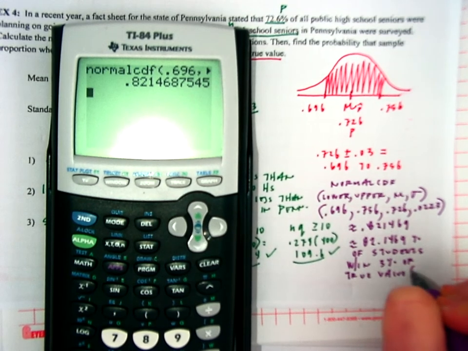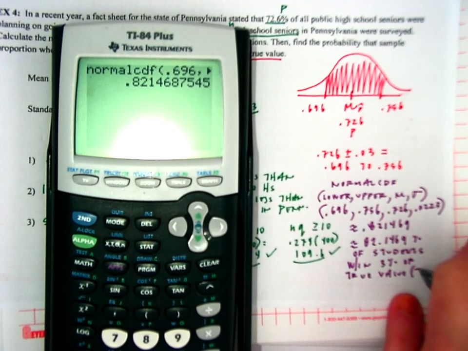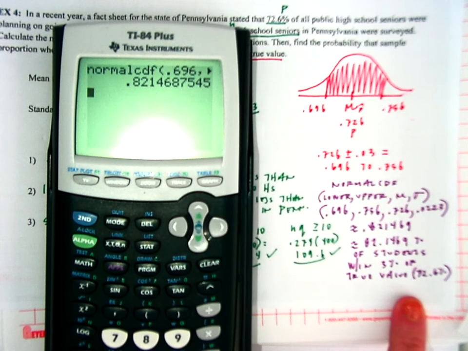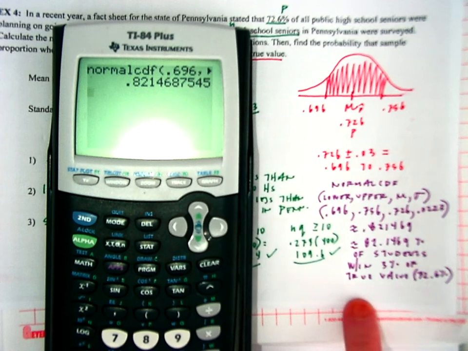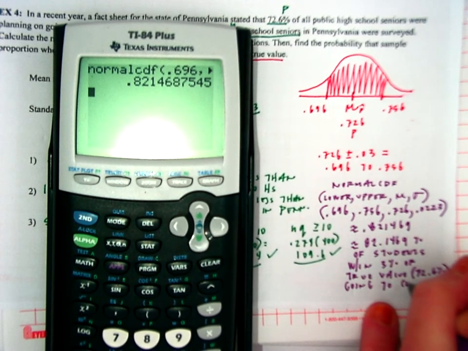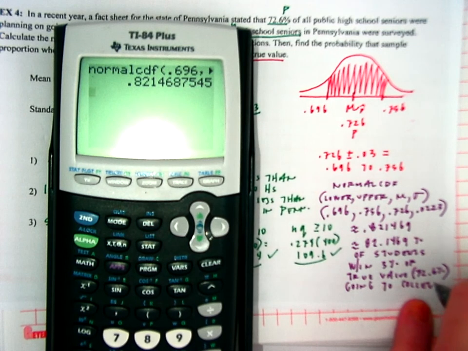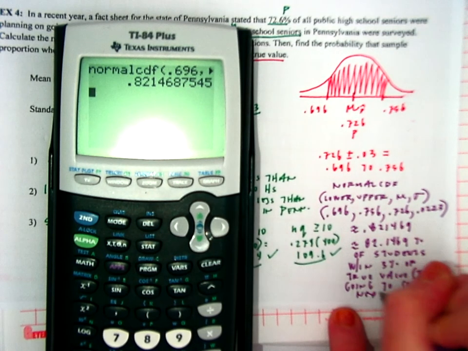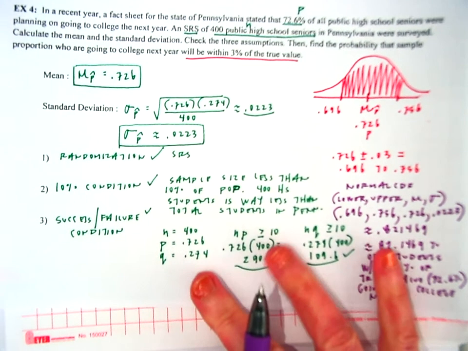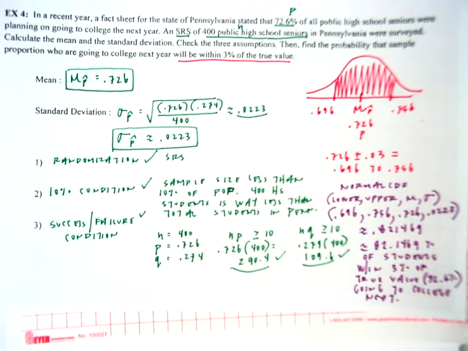So as a percent, that'd be 82.1469%. So we'd say that about 82.1469% of students in the state of Pennsylvania should be within 3% of the true value, which was 72.6% going to college the next year.